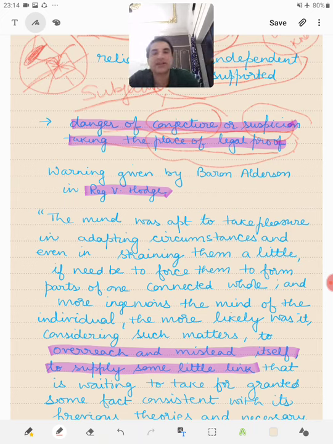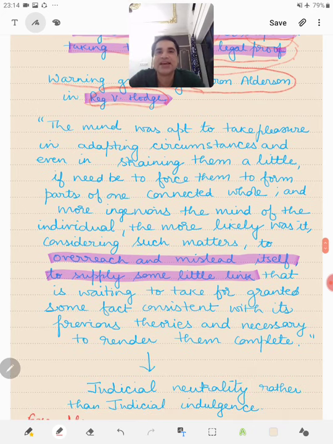And this was also given in the form of a warning by Baron Alderson in Reg versus Hodge. I would just like to quote it because it is a very beautiful quote where he says, "The mind was apt to take pleasure in adapting circumstances and even in straining them a little."